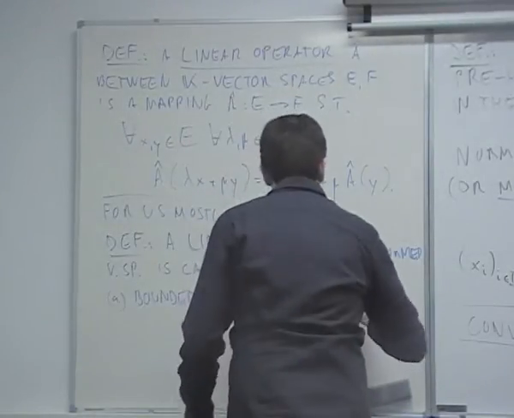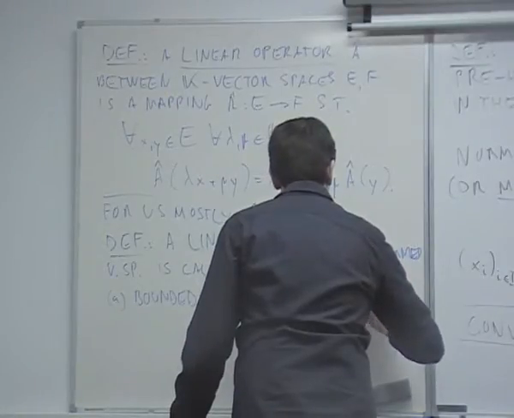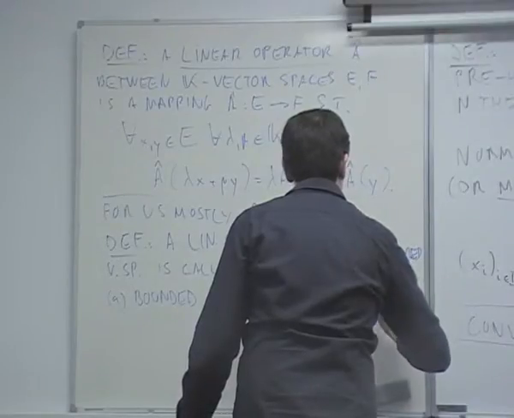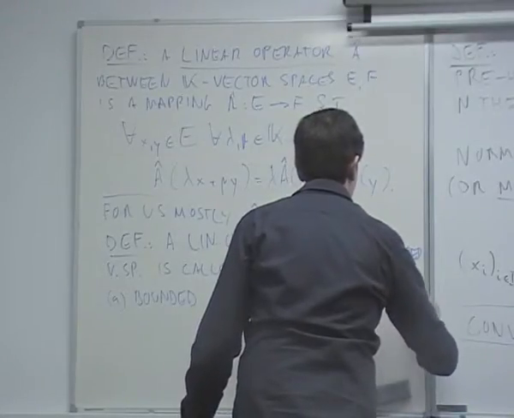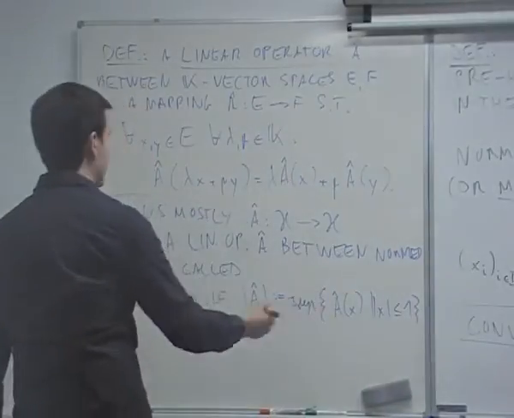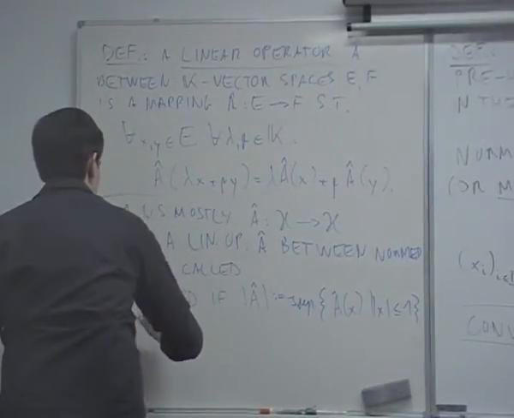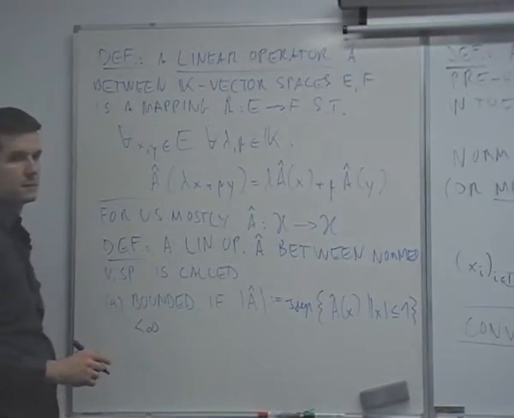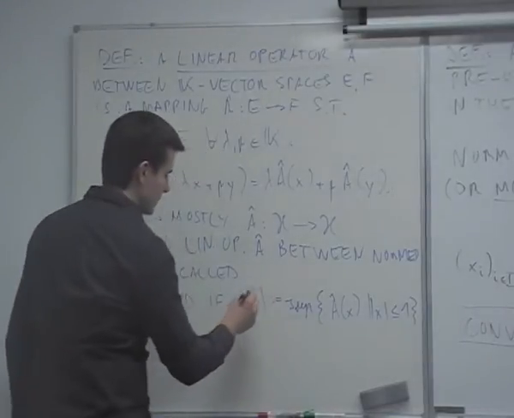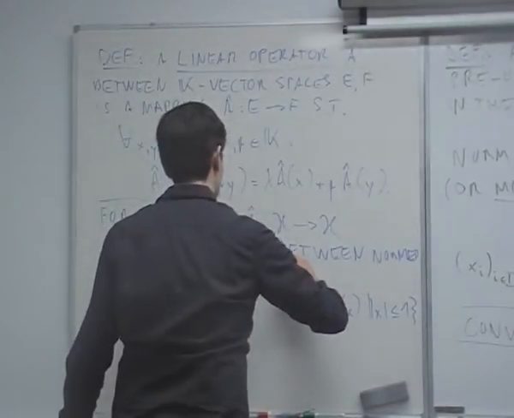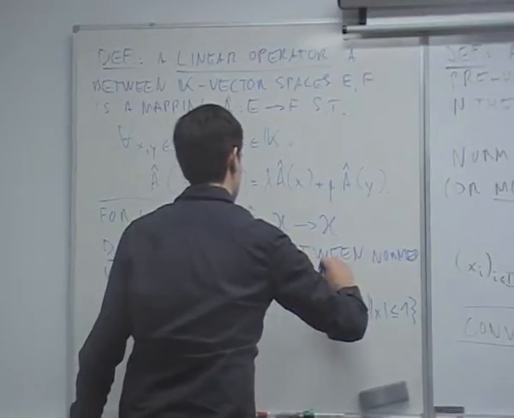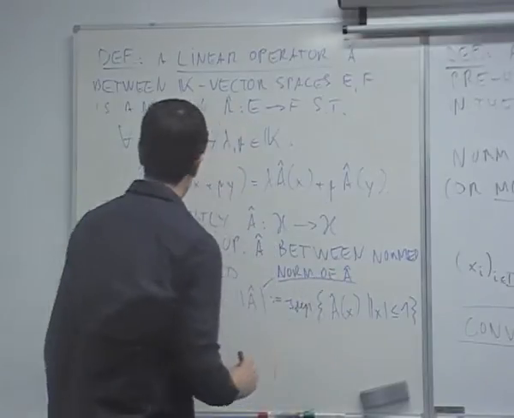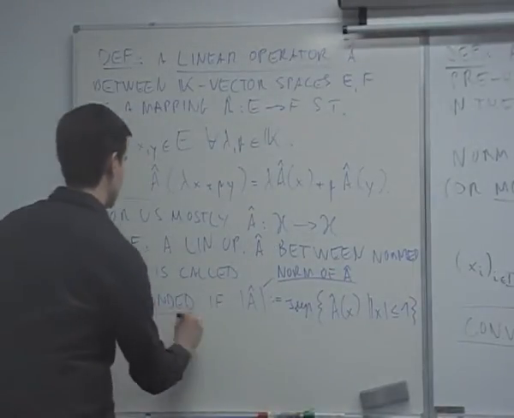Take all the Ax for x of norm smaller or equal to 1. If this supremum is finite, we define this thing, this is called the norm of A, and it should be bounded.